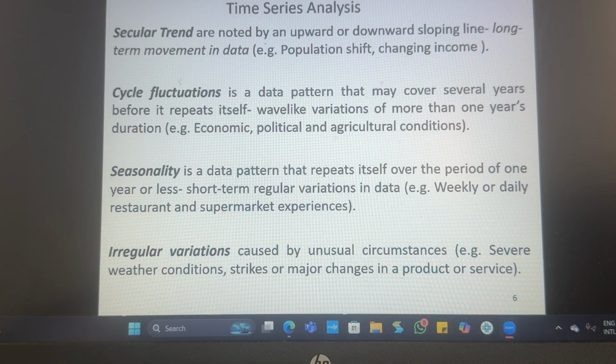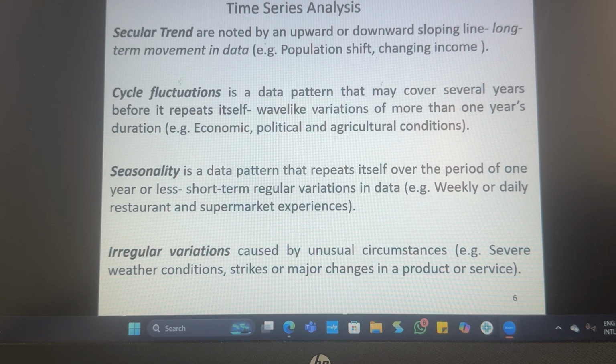If you take the time series data, we can divide it into 4 main categories. One is secular trend, that is long-term trend.